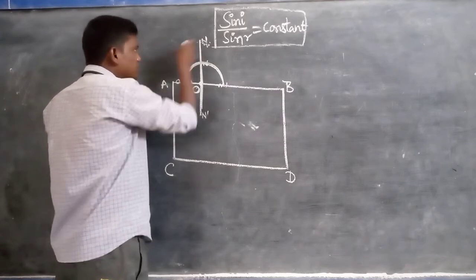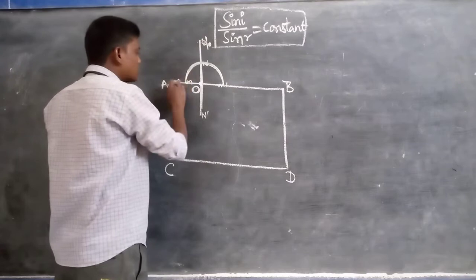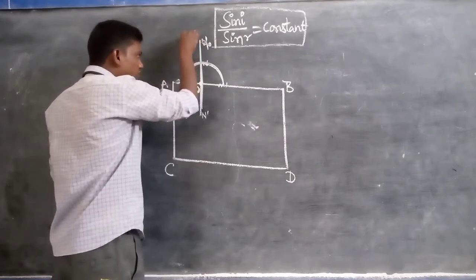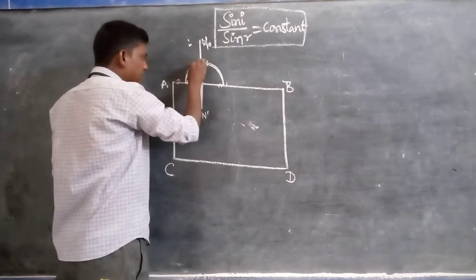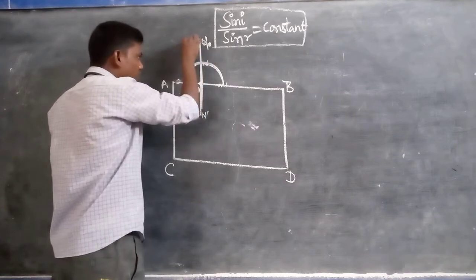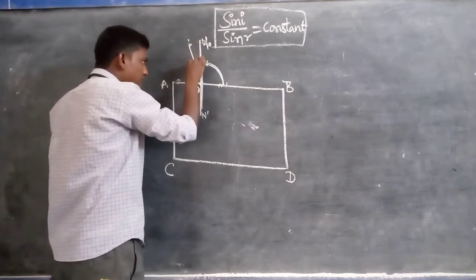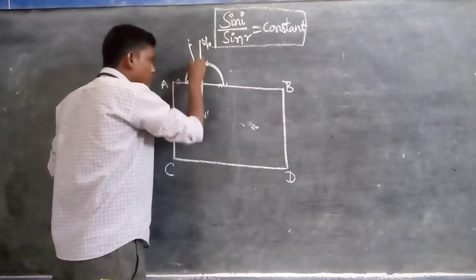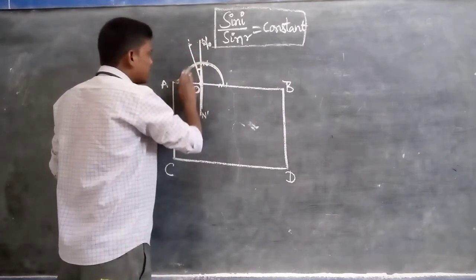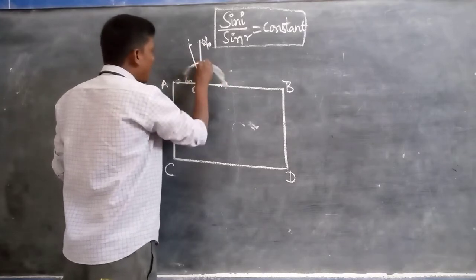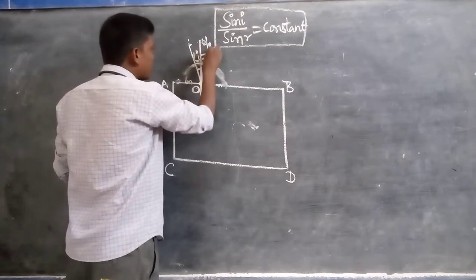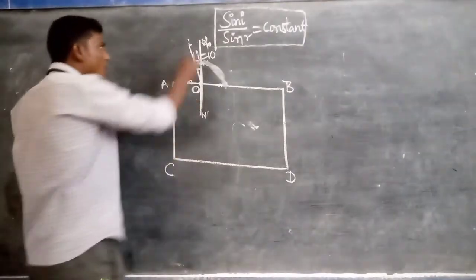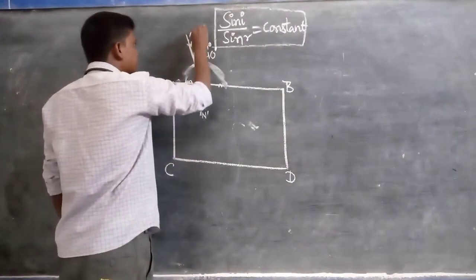Along the 80 degree mark we draw one line, remove the protractor, and join this line with O. This represents the angle of incidence, which is 10 degrees.